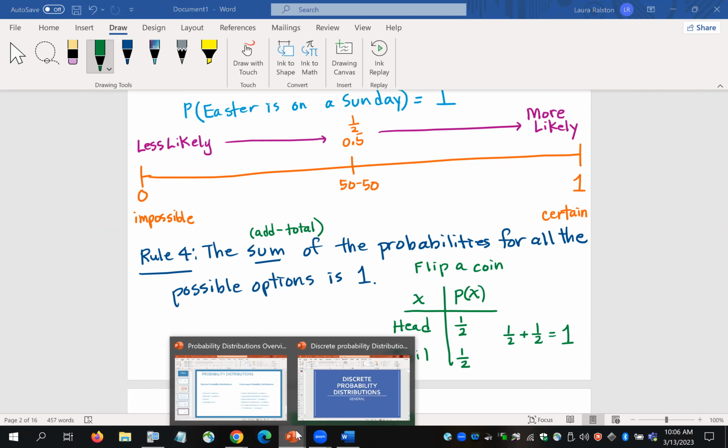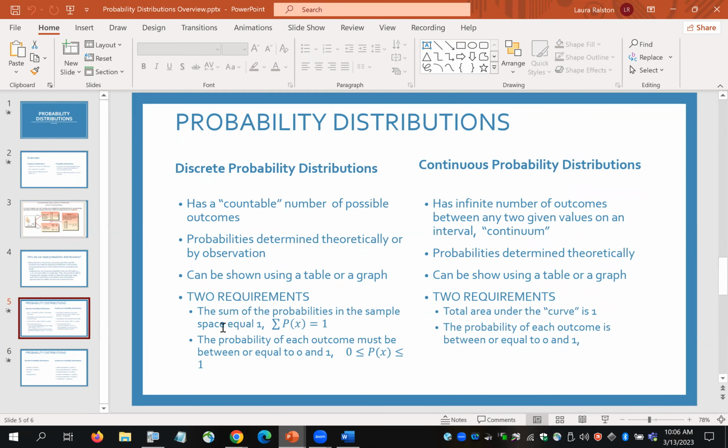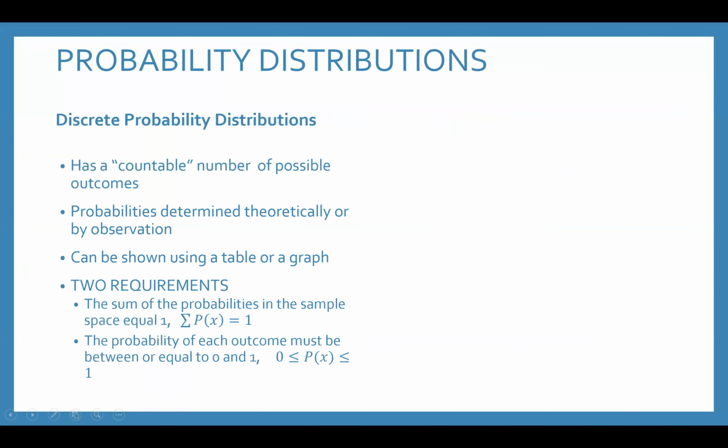Let me go back for a minute to this idea of probability distributions. Notice for the discrete, I actually said 2 of the rules that apply to probability in general also apply to a discrete probability distribution.